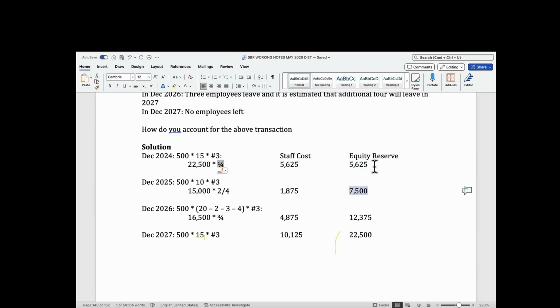Because this 75 already includes this 5,625. So to know the one that relates to this year, because staff cost goes to P&L, and P&L relates to the year, we are looking at the year alone.